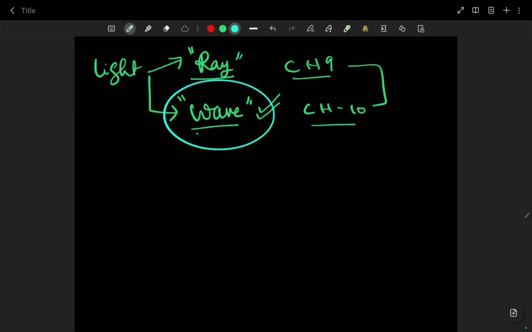When you're discussing the ray nature of light, you're always seeing that it is traveling in a straight line, right? Whichever optical device you have taken in grade 10 light chapter or grade 12 chapter 9, you have always taken an optical device like a concave mirror, convex mirror, concave lens, convex lens, prism, or slab.